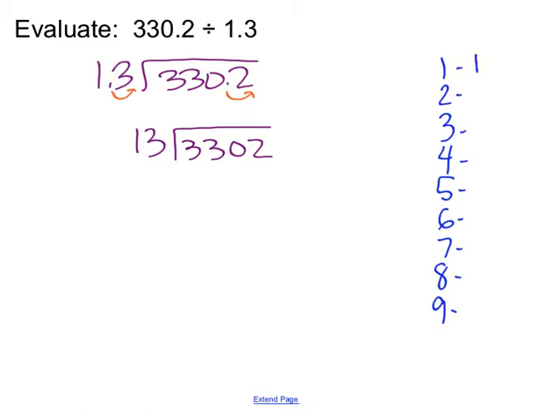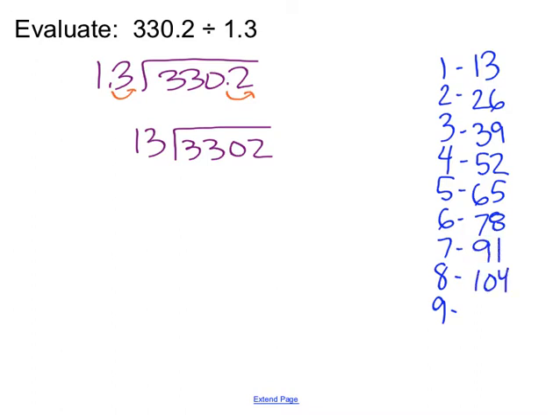So 13 times 1, times 2, I'm just adding 13 each time until I get this list created. I believe that is 78. 13 times 7, 91, then 104, then 117. Okay, those are all the multiples of 13. This will make the long division go very fast.